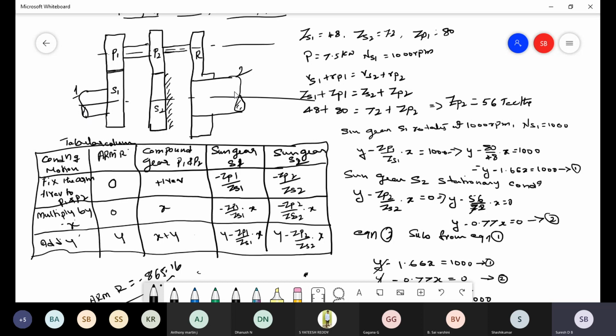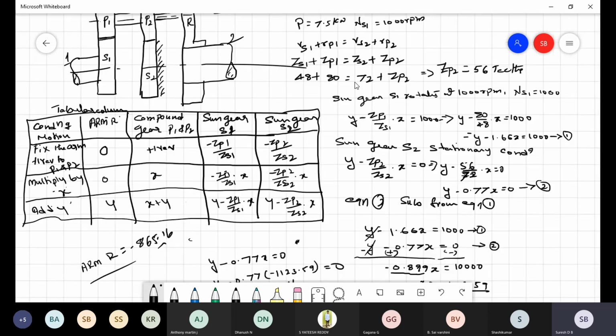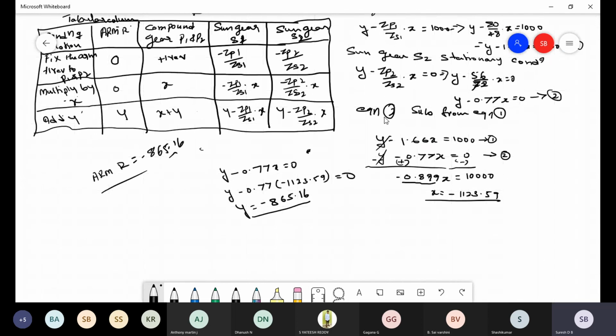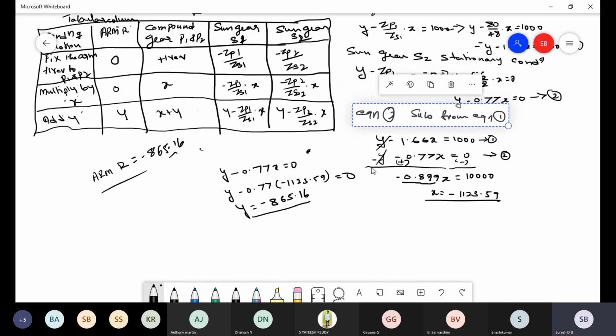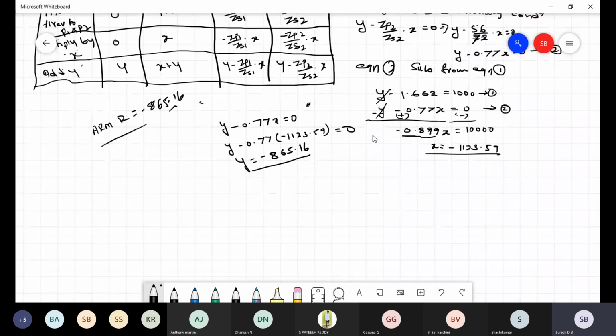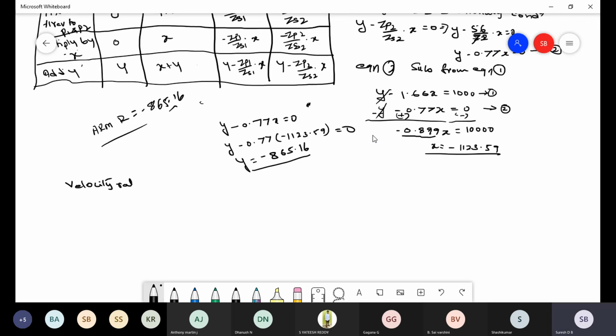Now, how to find the velocity ratio? The velocity ratio of a gear train equals the speed of the driving shaft divided by the speed of the driven shaft.